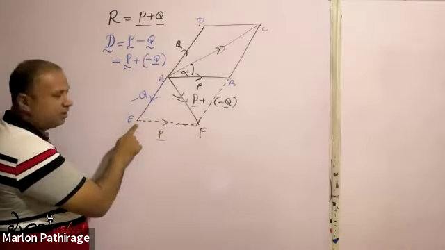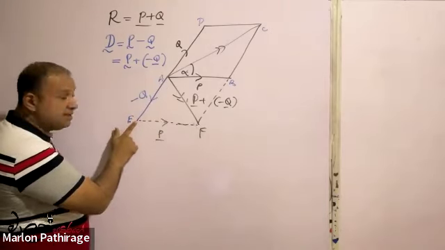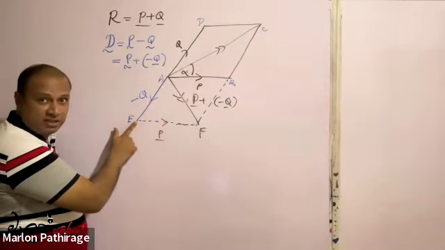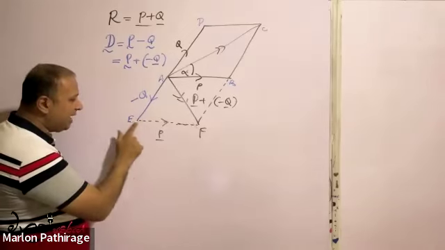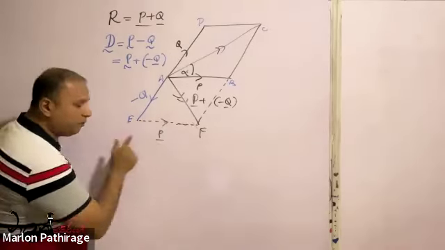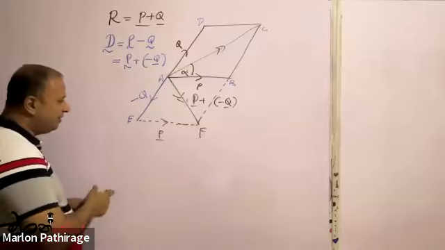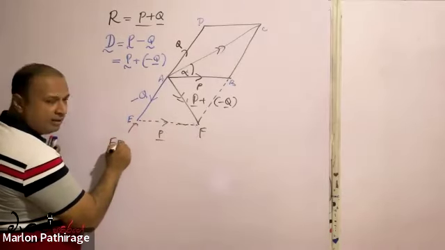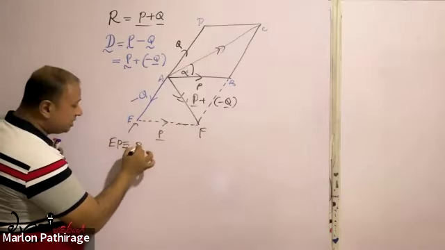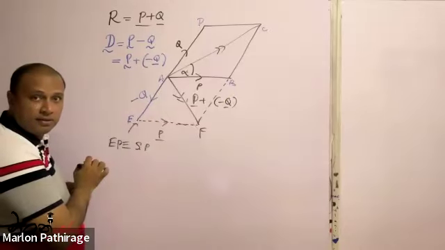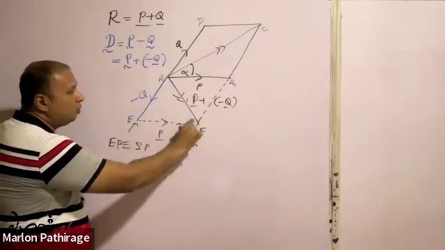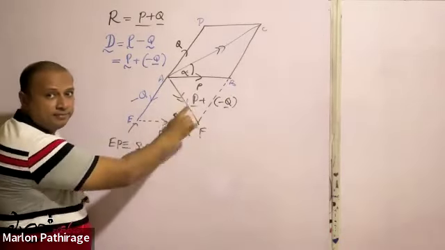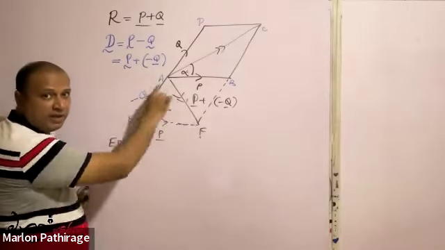Here is the AE vector, and this is the end point of the AE vector. This is the end point, and this is also the starting point of P. That means the end point of the first vector overlaps with the starting point of the second vector. Then there are two free ends remaining.